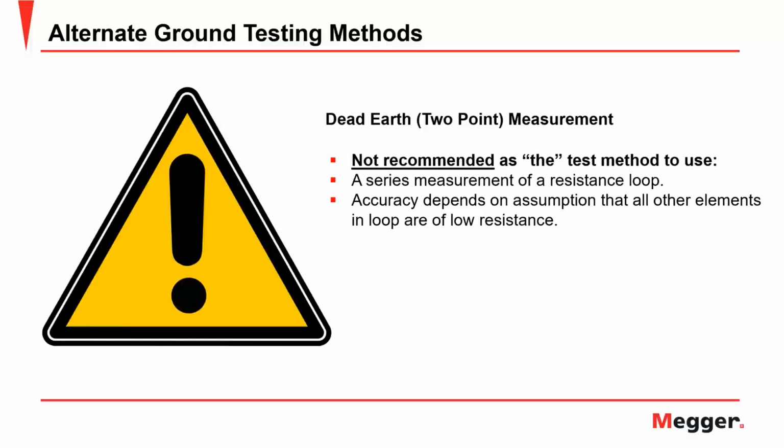Sometimes a long row of metallic fence, for instance, can be used. But that resistance is going to be included in the measurement, so the reliability of your measurement is based on that being very low and not contributing very much. But you don't really know that.